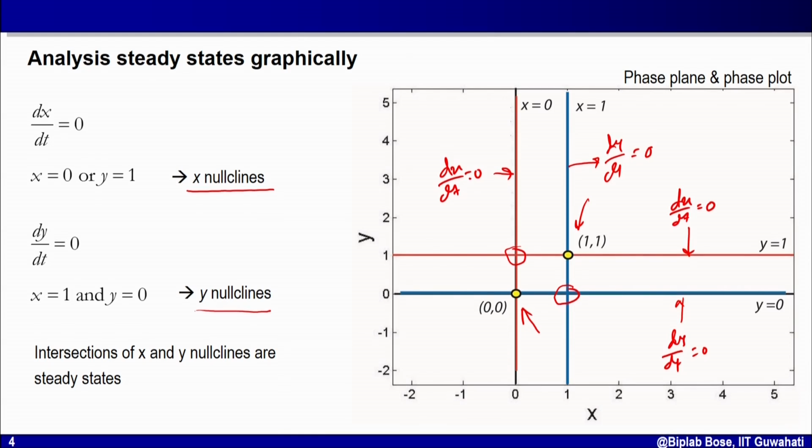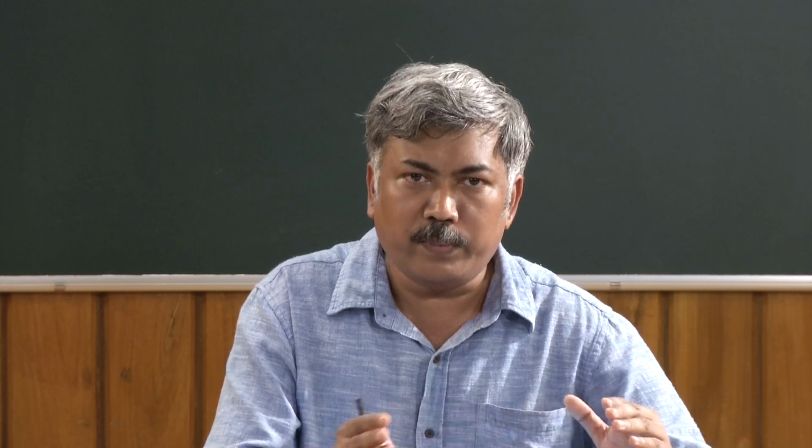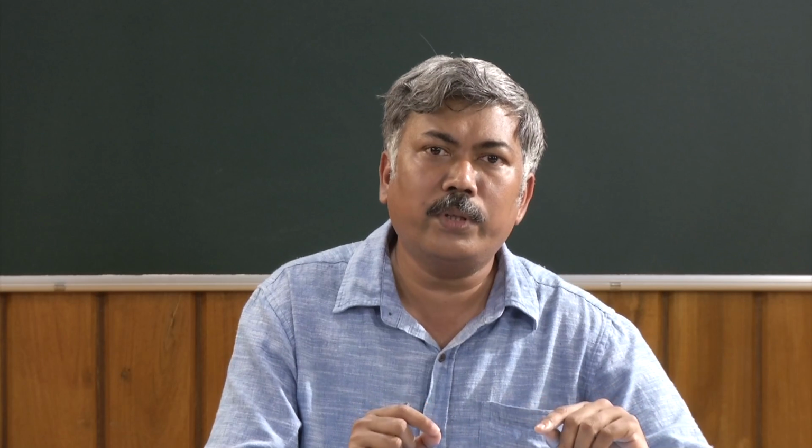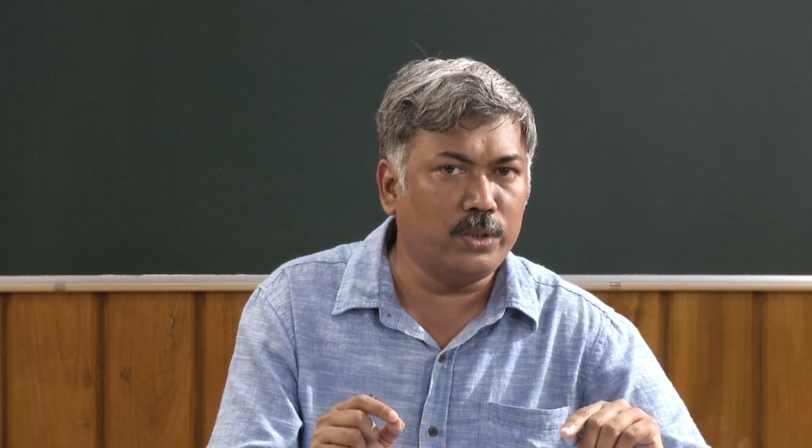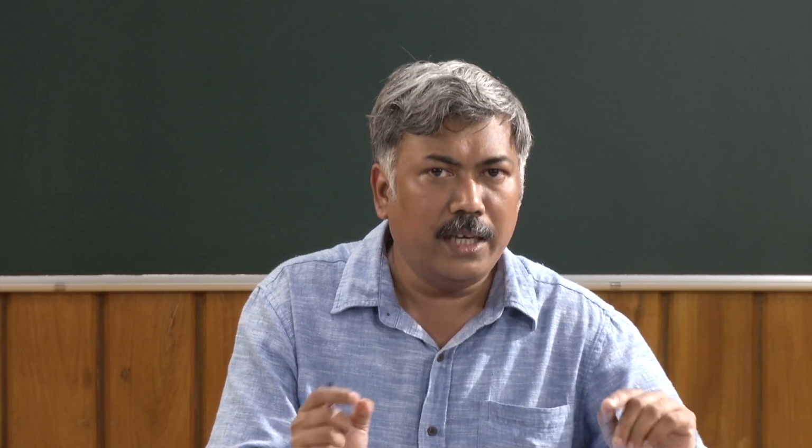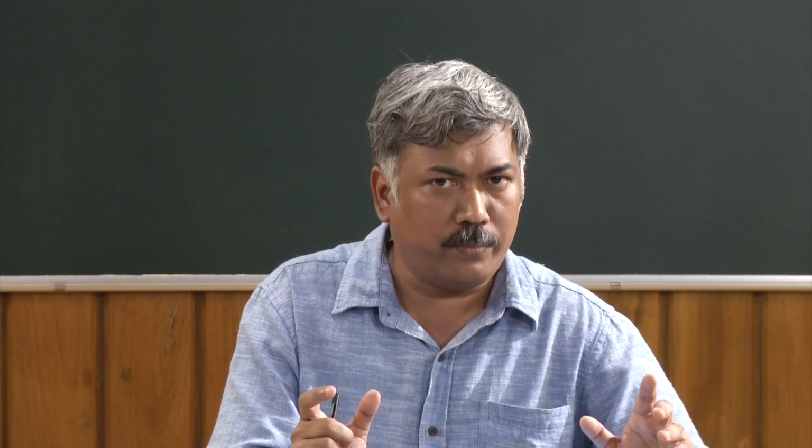So just plotting these null lines on the phase plane and looking for intersection points, we can identify how many steady states there are. If I have 2 dependent variables, I can plot them in a phase plane, put each of their derivatives equal to 0, draw the null lines, and look for the intersection points.